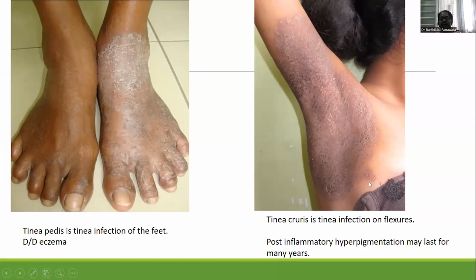This may last for many years, even 20 to 30 years. When young girls and young men get tinea on flexures or the submammary area, this dark black color lasts for many years. That's a big problem. We can't do anything for that.